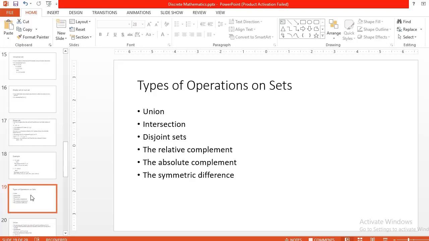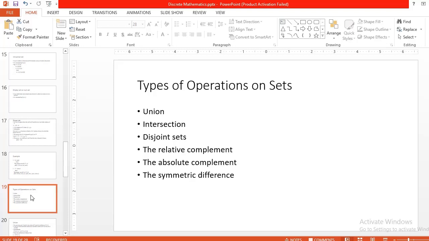Now how we can operate on sets. In set operations, two sets can be combined to get a new set. So suppose you want a new set, at that point we have to combine the two sets, and only then can you get the new set.